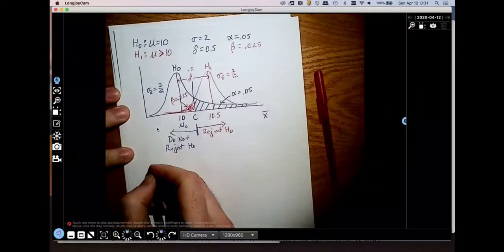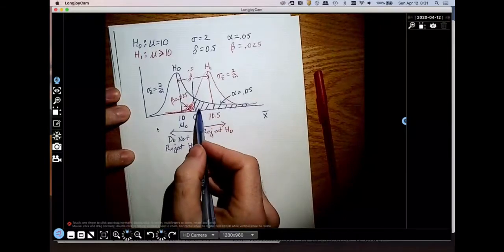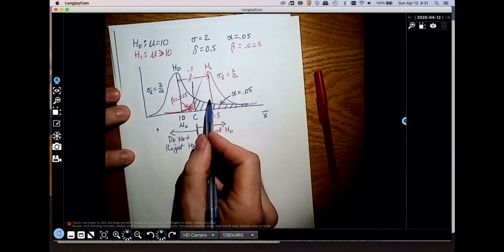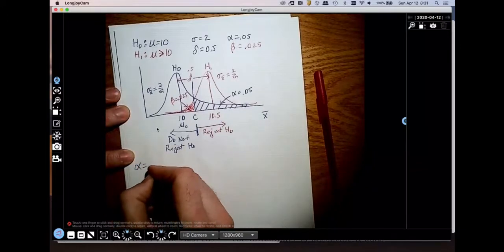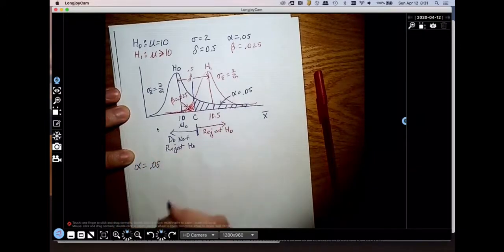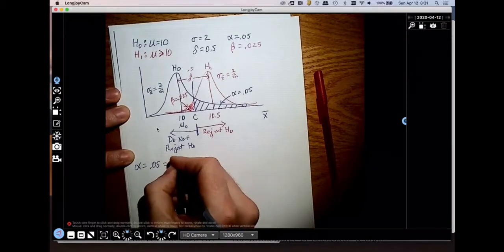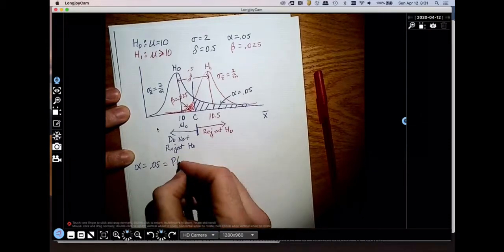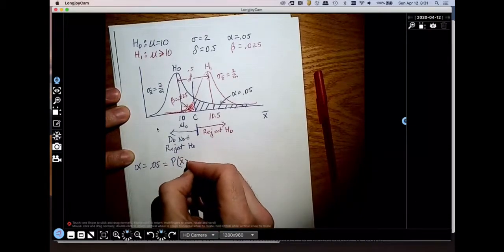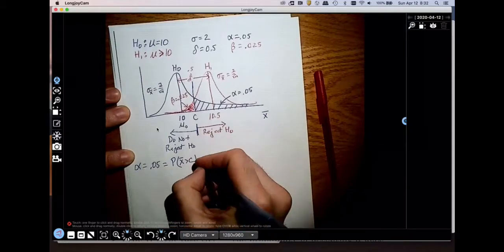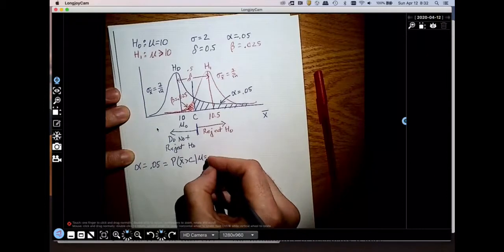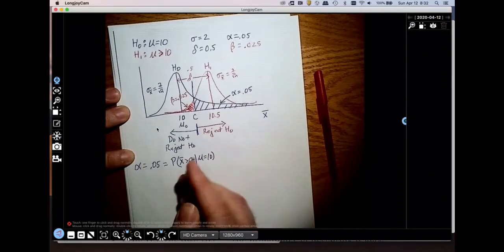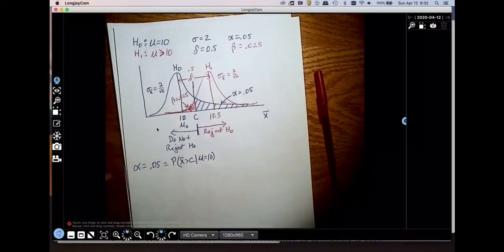So the first equation that I'm going to write out is for this region out here. So alpha is 0.05, and that's equal to simply the probability that I get an x bar bigger than C, given that mu is equal to 10. All right, so it's the distribution under the null is another way to state that.